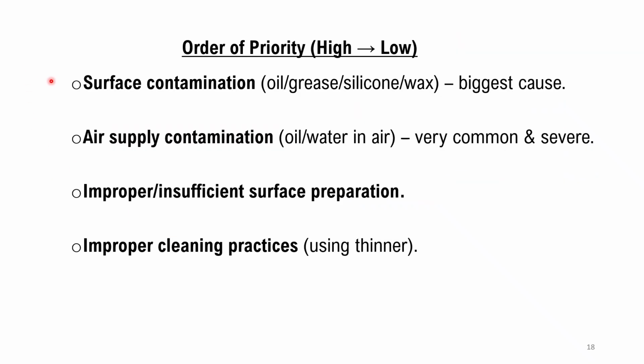The order of priority for action is, number one, surface contamination, the biggest issue. Air supply contamination, compressed air containing oil and water, is very common and could be severe. Then improper, insufficient surface preparation and improper cleaning practices.